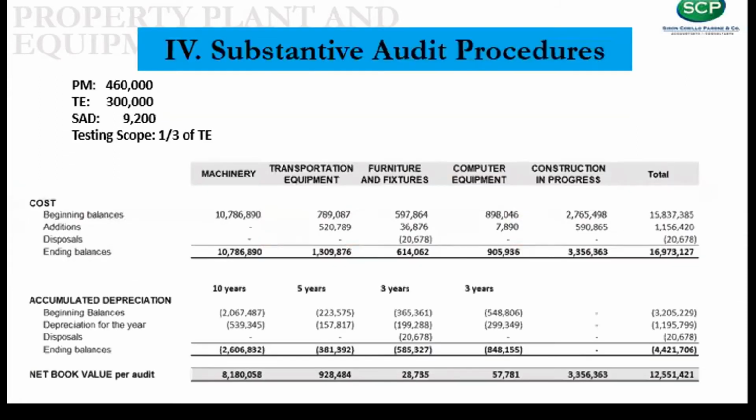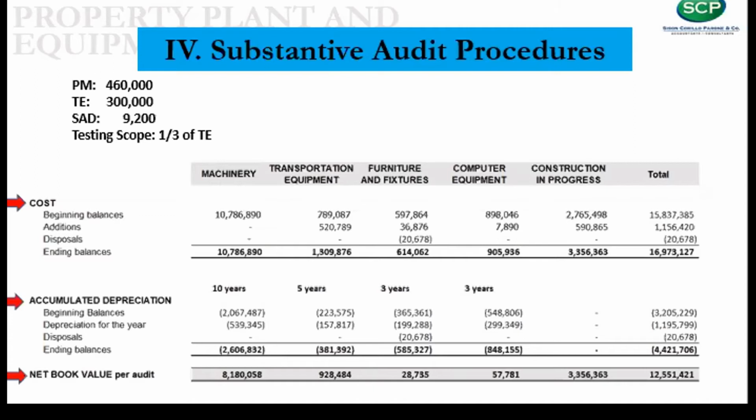This is an example of a roll forward analysis of property, plant, and equipment. As we can see, the roll forward analysis should be divided into cost, accumulated depreciation, and net book value.